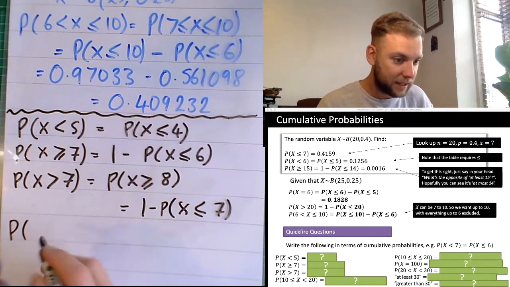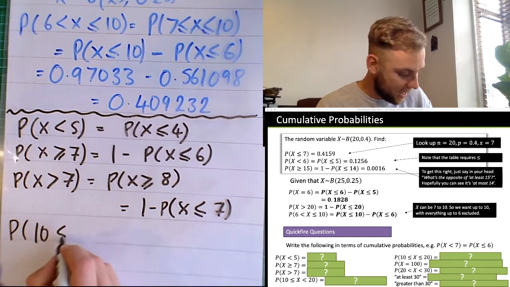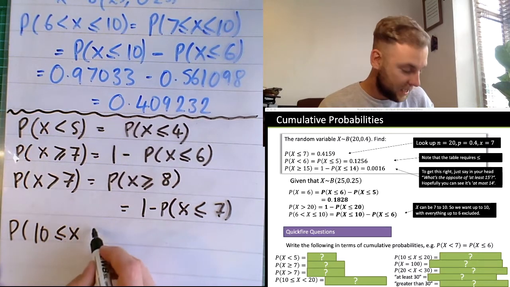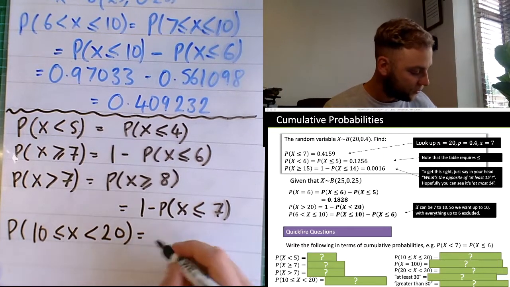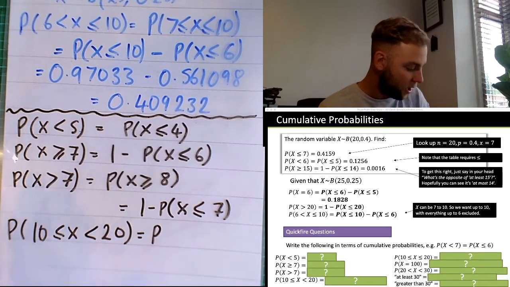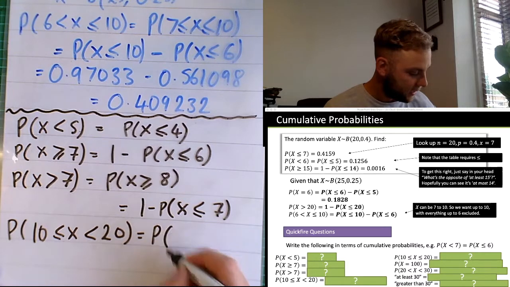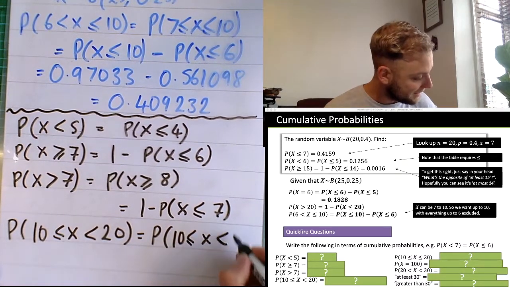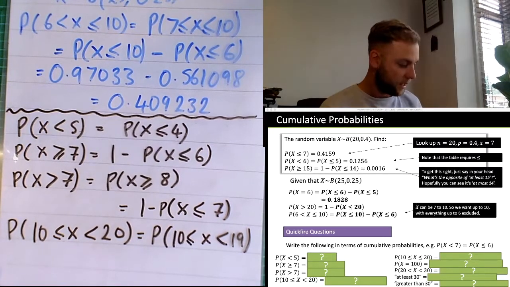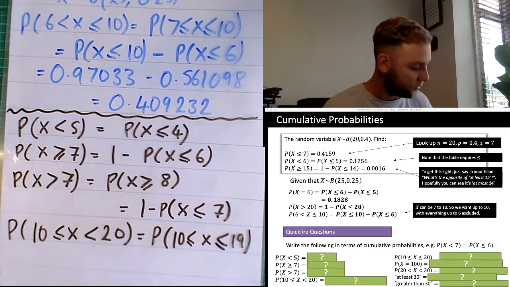Okay, let's have a look at this next one. So the probability that 10 is less than or equal to x is less than 20. If it's less than 20, the first thing I'm going to do there is write it as not including 20. So the probability that 10 is less than or equal to x is less than or equal to 19.